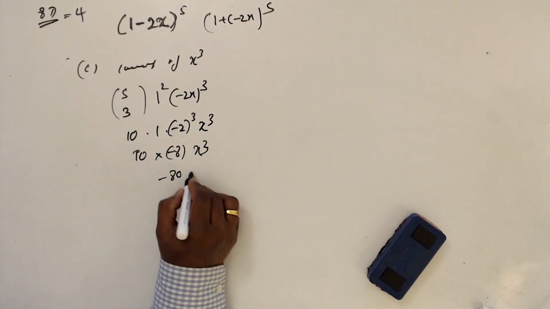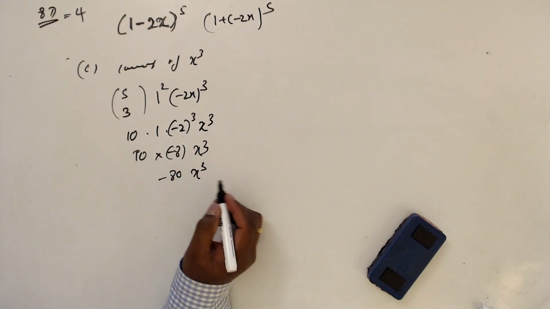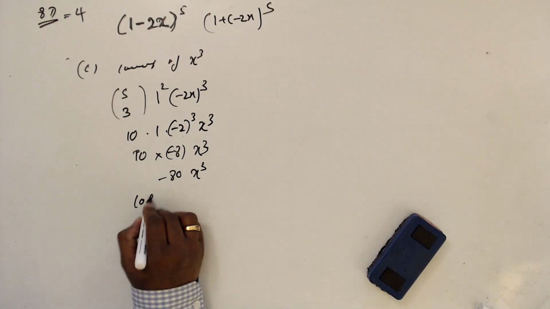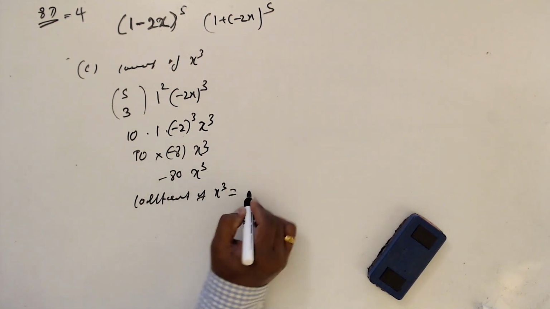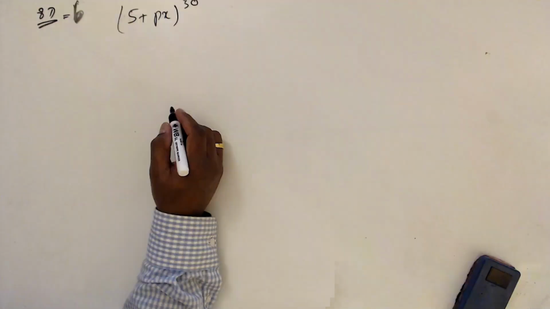So minus 80 x cube. Right? The coefficient of x cube is minus 80.